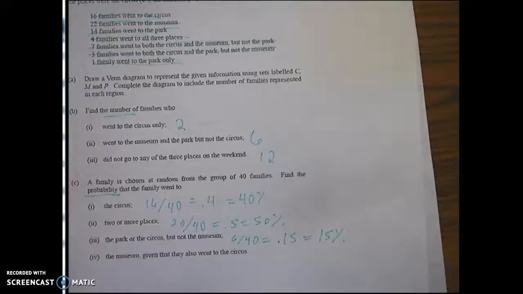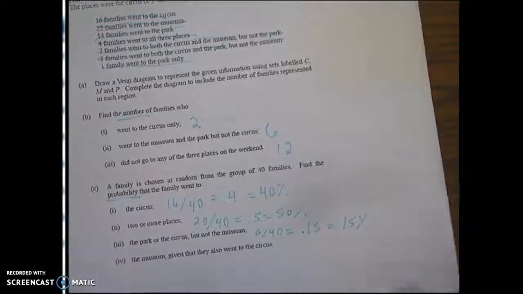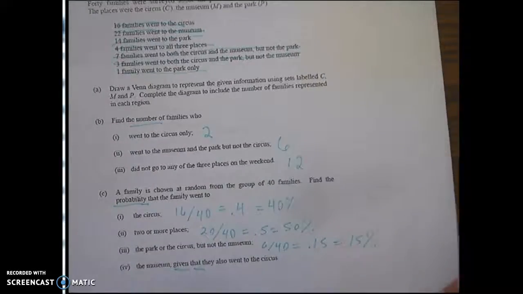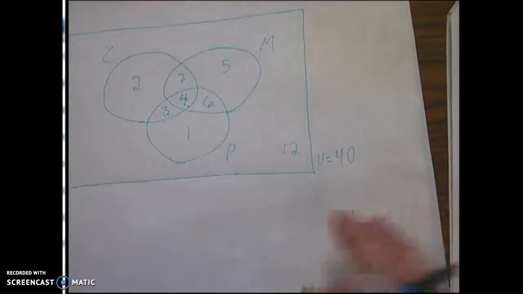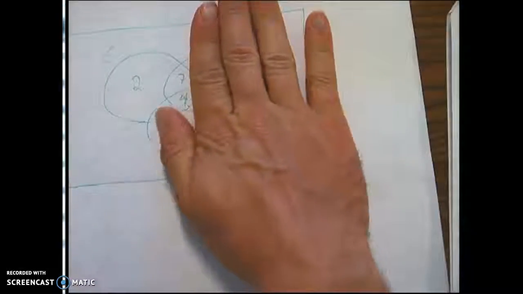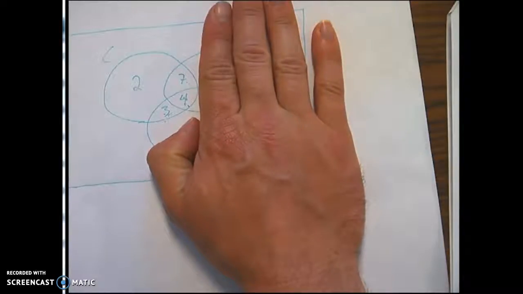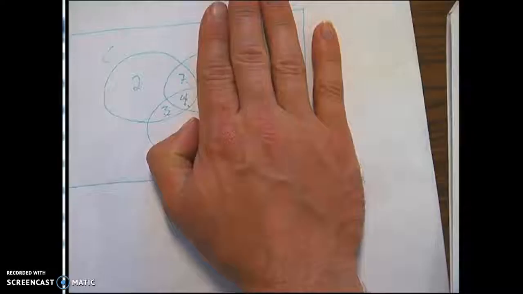Find the probability that they went to the museum, given that they also went to the circus. Now that given that statement is what limits your universe. So given that they went to the circus means we're only looking at the people who went to the circus, which is a whole 16 people. Now of those 16 people, how many went to the museum?